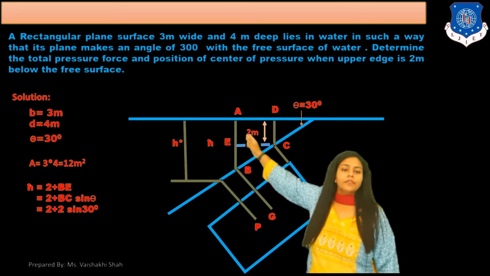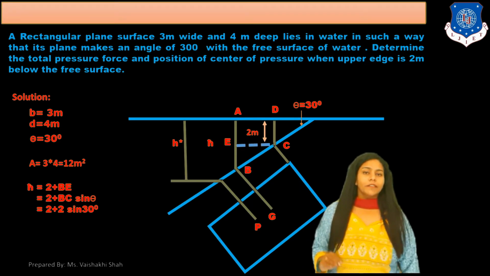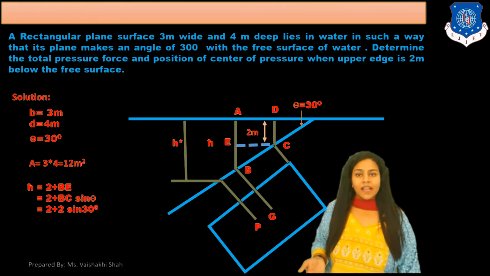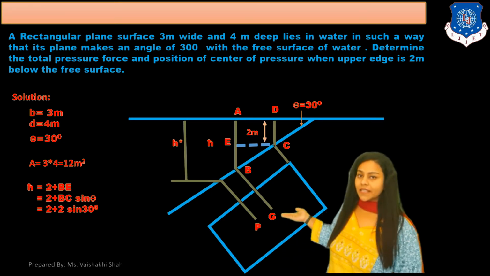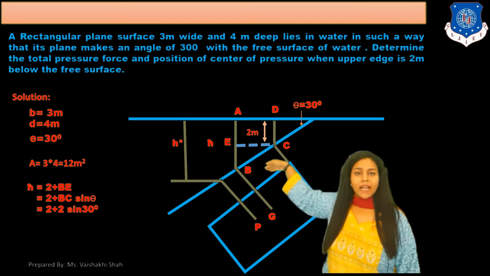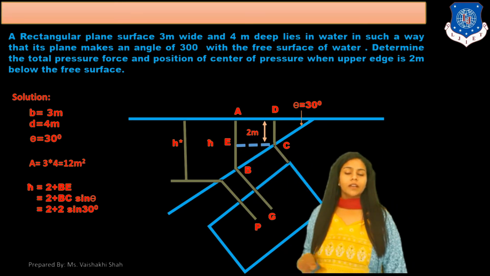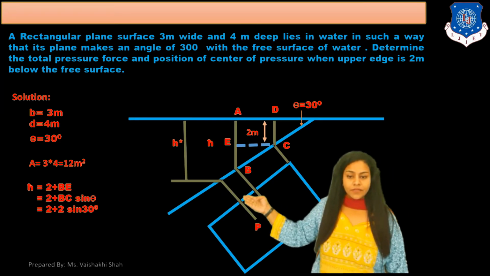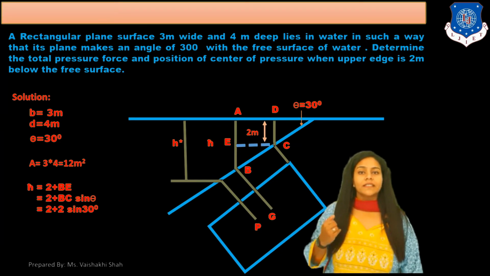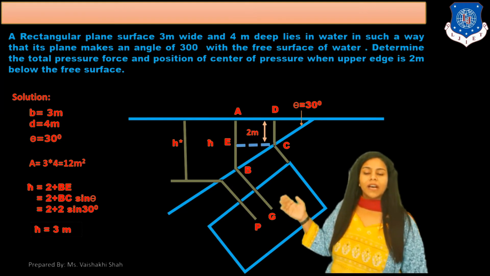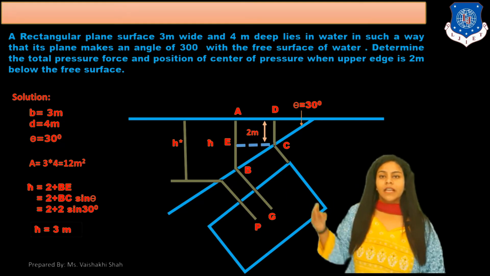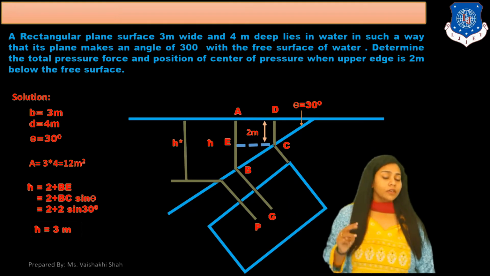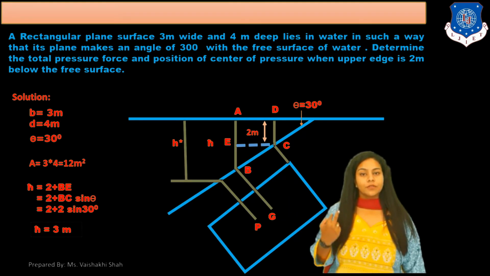To find BE, applying sin theta equals BE by BC, so BE equals BC sin theta. Here we know theta is 30 degree. So h bar equals 2 plus 2 sin 30, that is 3 meter. H bar equals 3 meter.